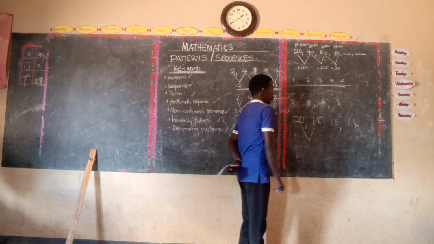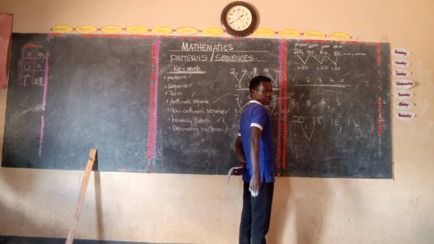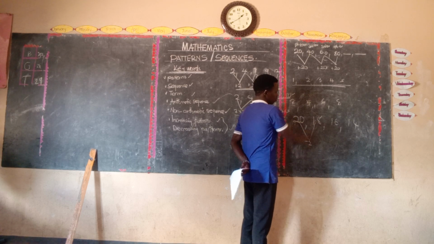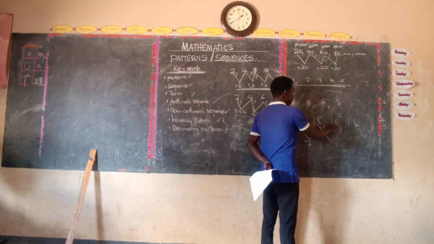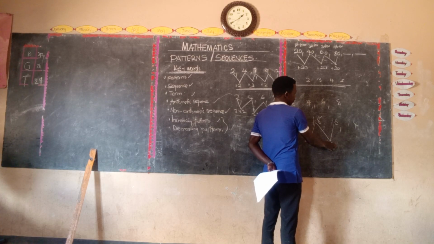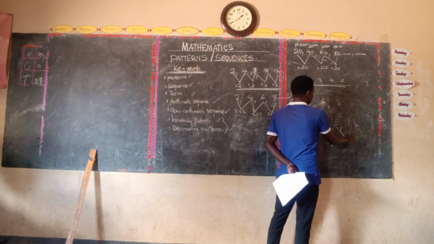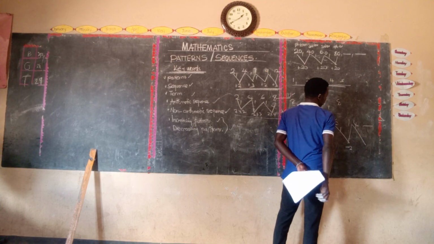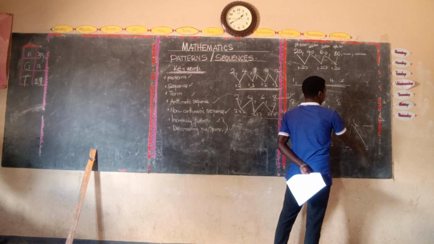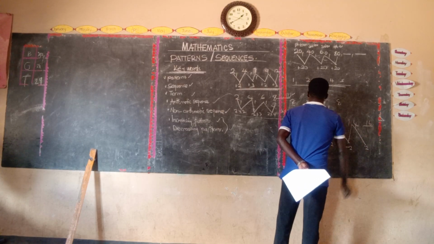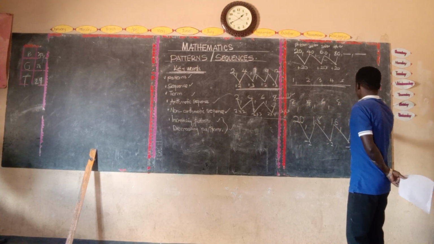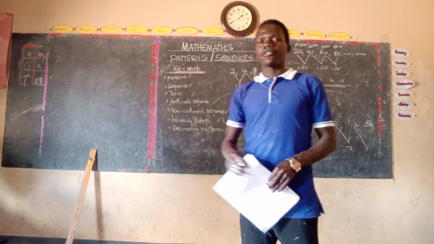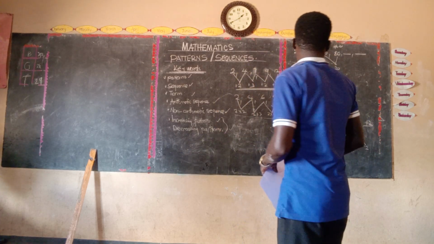If you try by division, it will not work. But with subtraction, 20 minus 2 gives you 18, 18 minus 2 gives you 16, then here you get 14. That means the next number in the sequence will also be obtained by subtracting 2. So this is what is called a reducing pattern, which is obtained by either subtraction or division.